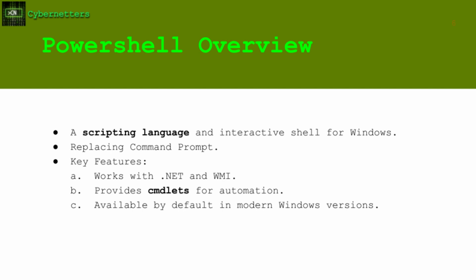It works seamlessly with technologies like .NET and WMI, which allows it to interact deeply with the Windows system. It provides cmdlets, small command line tools specifically designed for automation tasks. Best of all, it's available by default on modern versions of Windows, starting from Windows 7 and Server 2008 R2.